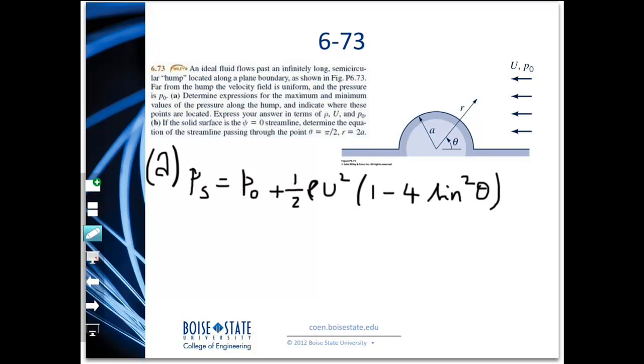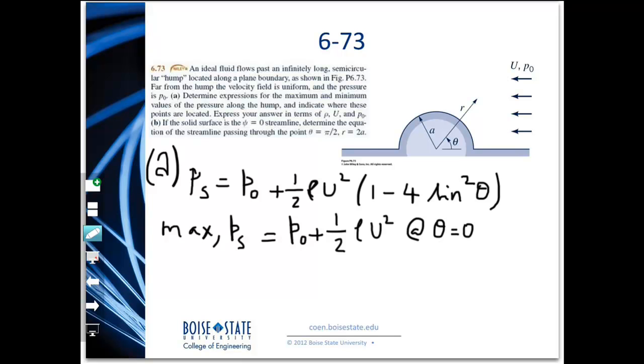The surface pressure is maximum when you have P naught plus half rho U square. That means sine theta should be 0, and sine theta will be 0 at theta equals 0 or 180, right? So max PS will be P naught plus half rho U square at theta equals 0 and theta equals pi.